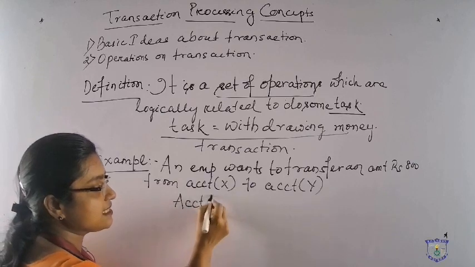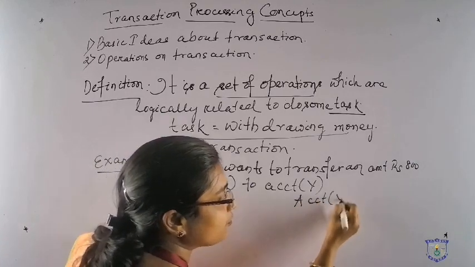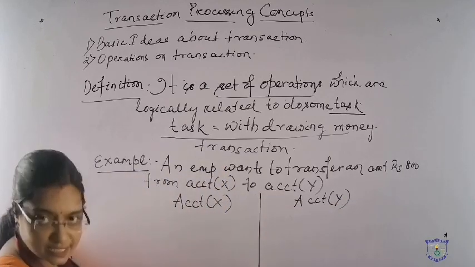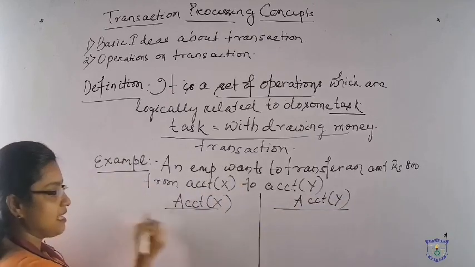Suppose this is the account of X, this one is the account of Y. Different operations which are going to take place in this case, I am going to write here.